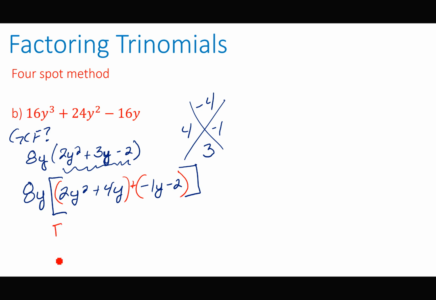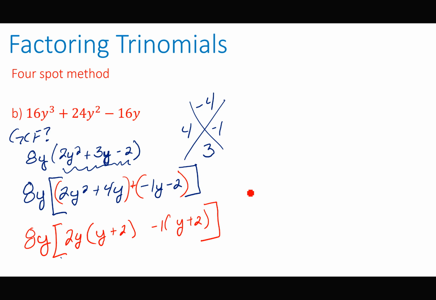So I could factor out here in my brackets 2y, and so this would be y plus 2. This one I want to be y plus 2, so that means I could factor out a negative 1. 8y is still up front here. So now final answer, I'd have 8y times 2y minus 1, y plus 2.